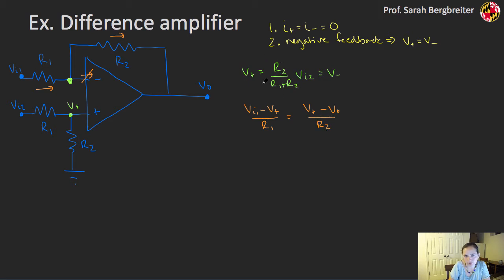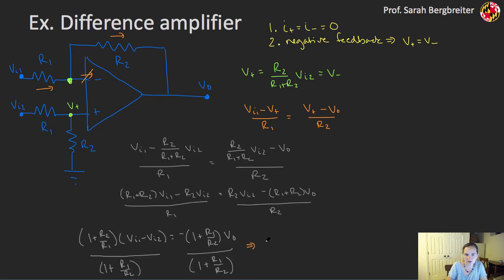I can substitute in this expression for V plus, and that ultimately simplifies down to V out is going to be R2 over R1 times VI2 minus VI1. Right, so that comes from the analysis of this op amp circuit.